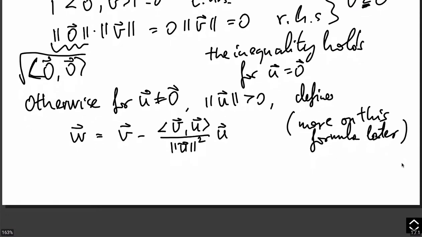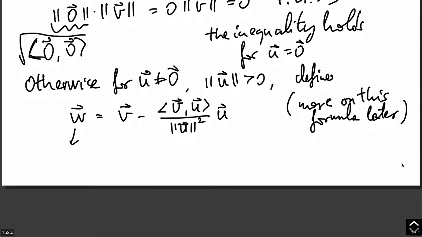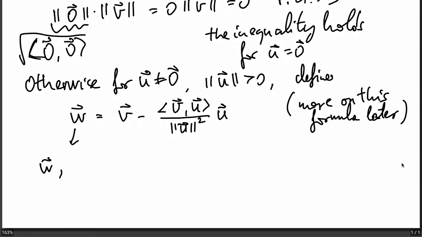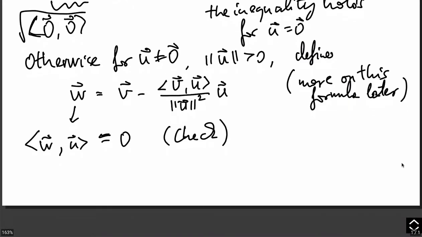Right now, once we define this W vector, let's check what happens when you multiply together W and U. I will probably give this as a homework assignment, that this is actually 0. It's simple algebra using the basic properties of the inner product.